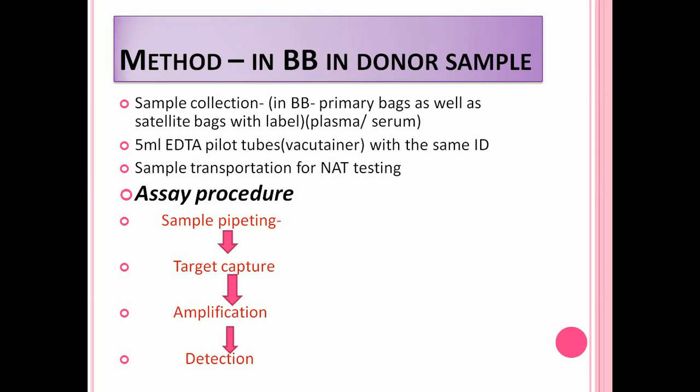The blood collected in the vacuum tube is sent for the NAT testing. So the 5 ml of EDTA blood of the donor sample is sent for NAT testing. The procedure includes 4 important steps: sample pipetting, target capture, amplification and detection.